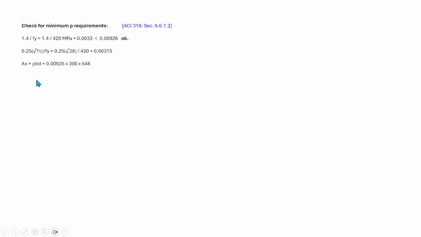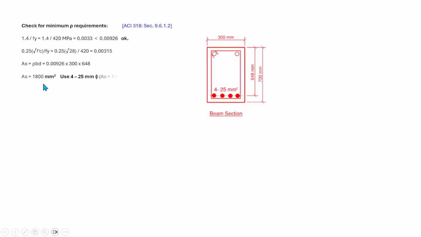So the steel reinforcement is equal to ρbd, which is equal to 0.00926 times 300 times 648, and that is equal to 1800 mm squared.